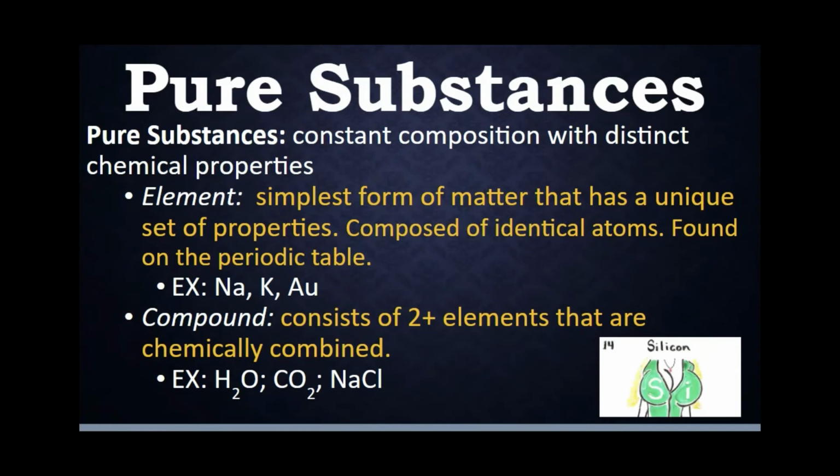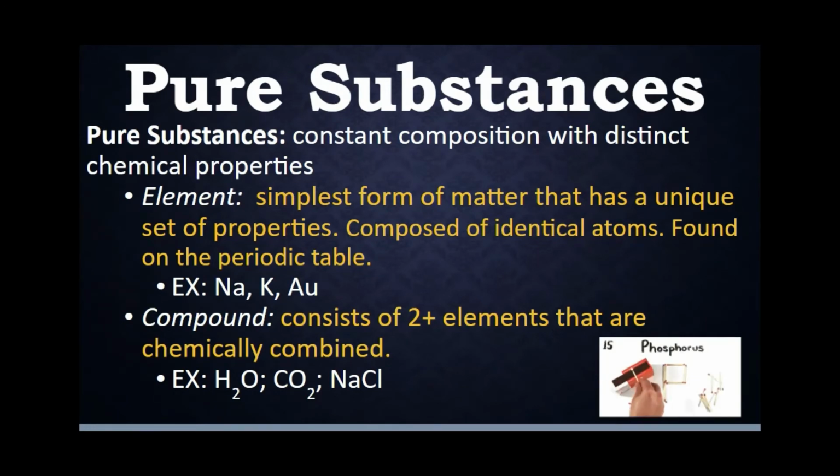Examples include sodium, Na, potassium, chemical symbol K, and Au, which is the chemical symbol for gold. Compounds consist of two or more elements that are chemically combined. Examples include H2O, which we know as water, CO2, which we know as carbon dioxide, and NaCl, which we know as sodium chloride or table salt.